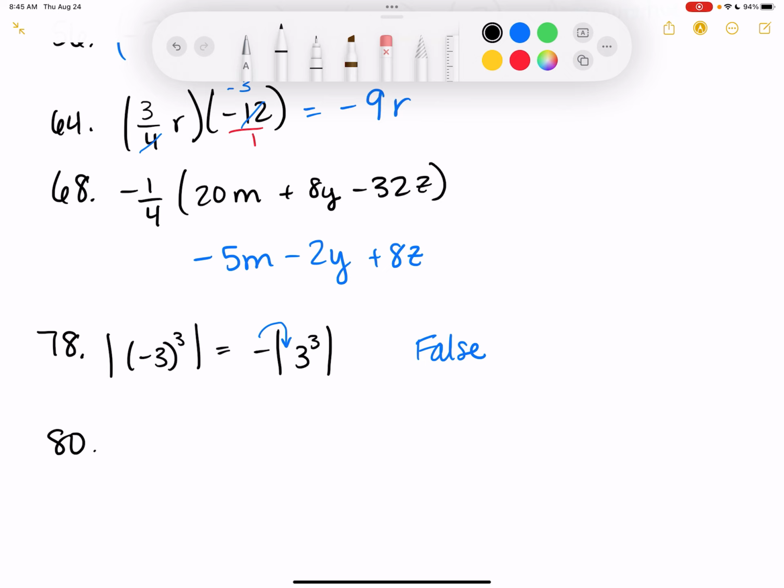80, I've got the absolute value of negative 14 over the absolute value of 2 is equal to the absolute value of negative 14 over 2. Is this true or false?